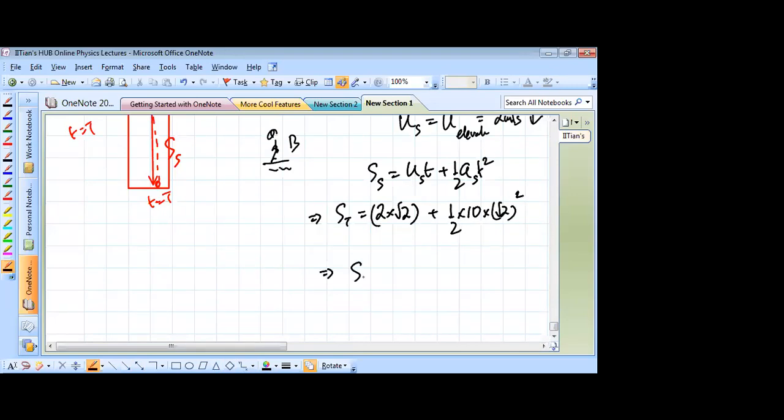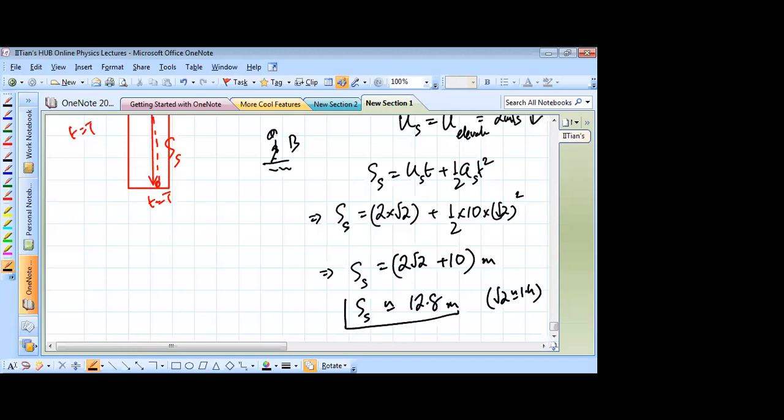So the displacement of the screw in the ground frame will be 2 root 2 plus 10 meters, or approximately 12.8 meters. I'm taking root 2 as 1.4. This will be the displacement of the screw downwards.